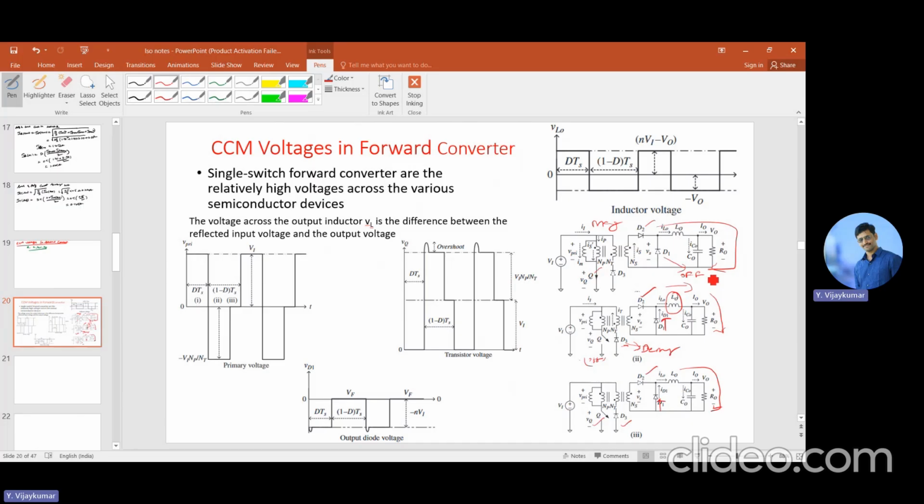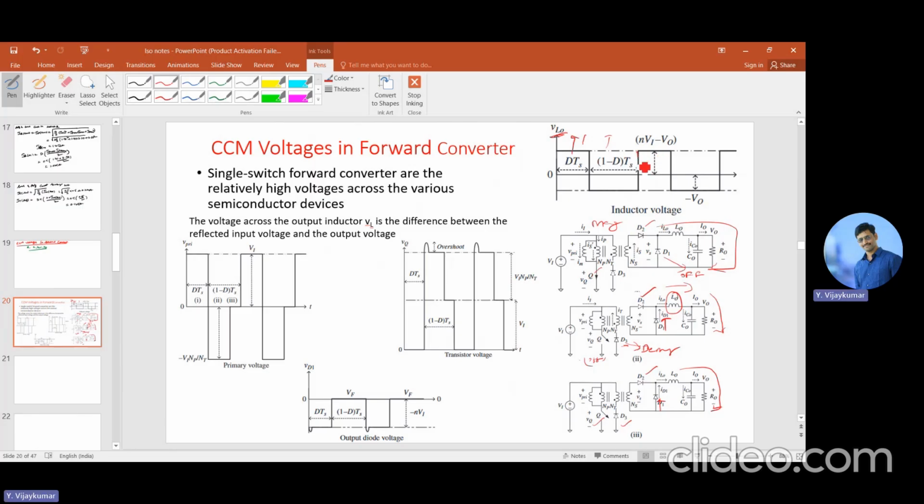Now, for these cases, what is the voltage across the inductor? If you look at this, for the D into TS interval, the switch is on, and for the 1 minus D into TS interval, it is the off state, and this continues in operation.